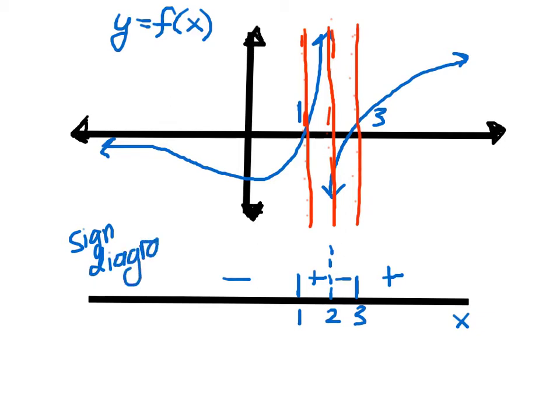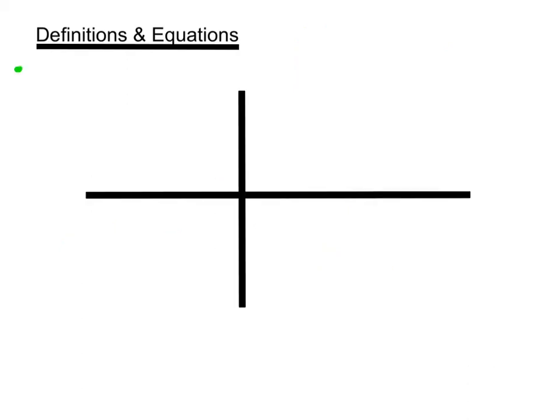And you can imagine it's very easy to draw the sign diagram when I've been given the graph. In another example, I'm going to show you how to draw the sign diagram when you're given just the equation of the function. Let's take a look at a few more functions. So here I have a nice quadratic function, and we'll say it crosses at -2 and 1/2.